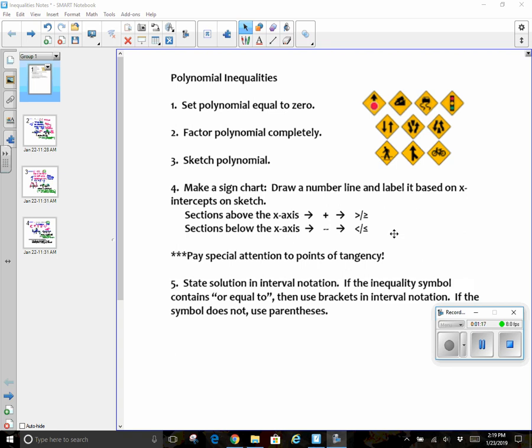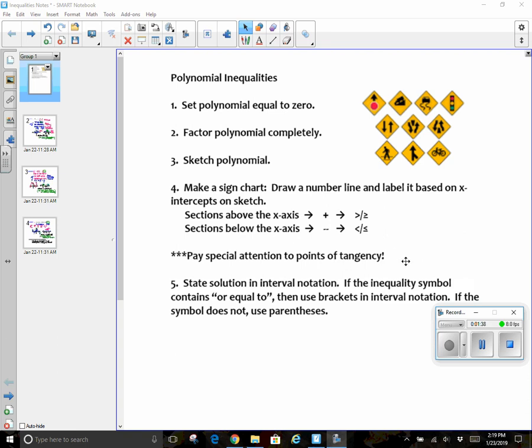If on the sketch the section is below the x-axis, you're going to put a minus sign. The plus sign sections would work for greater than or equal to, and the negative sections that you wrote on your sign chart would work for less than or equal to.